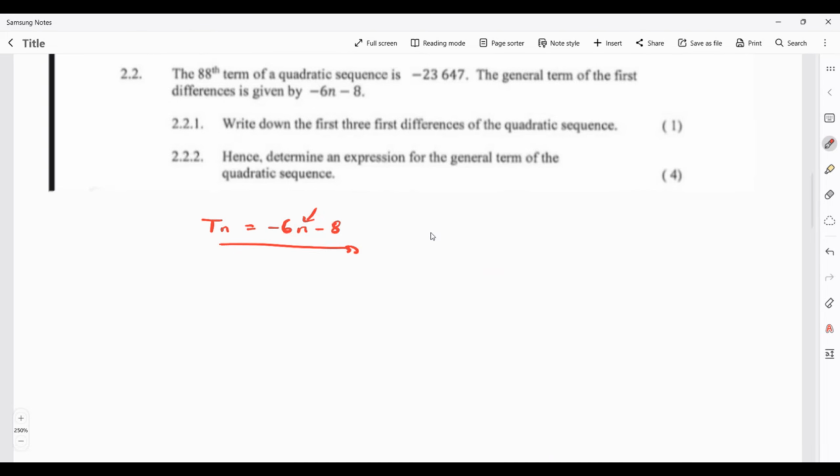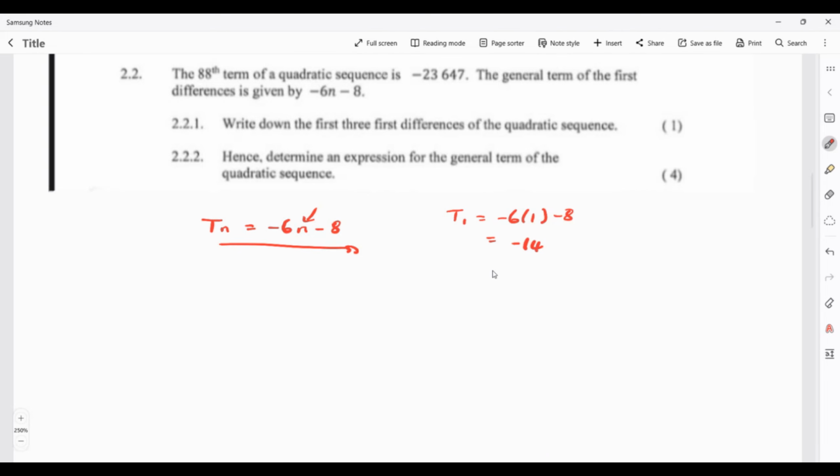So when you do that, from my working, when I was doing the substitutions, let's just work it out. T1 is equal to negative 6 into 1 minus 8. And then you're going to actually get a negative 14.